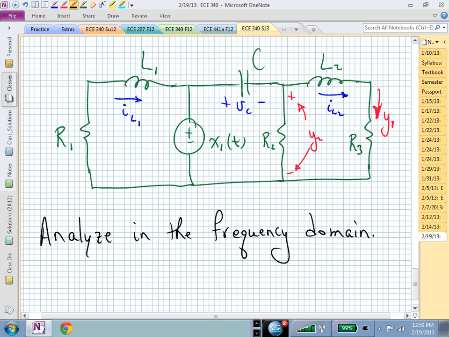What's a decision you might want to look at now? Or what kind of a decision or choice do you need to make? Mesh or nodal or combination, you probably want to be thinking, how am I going to solve this?